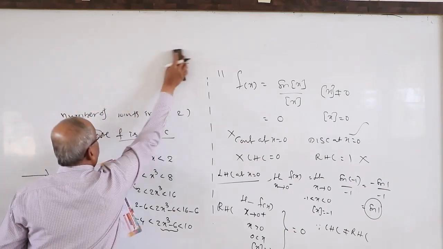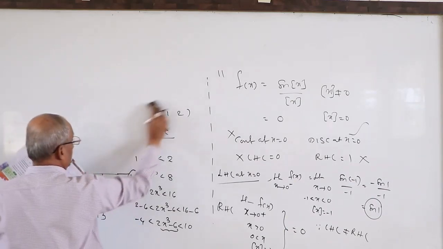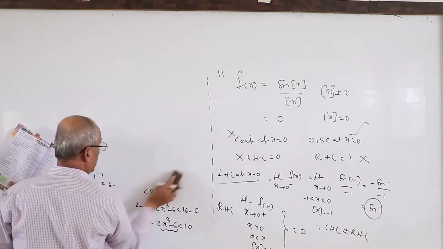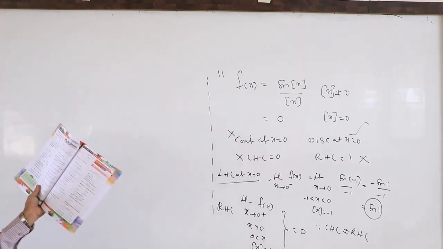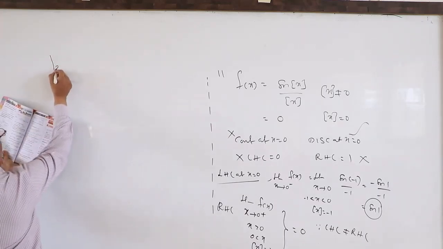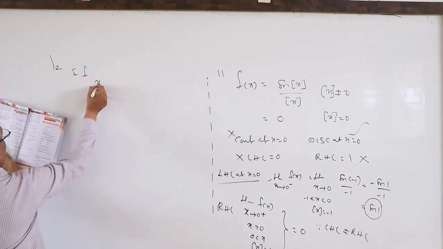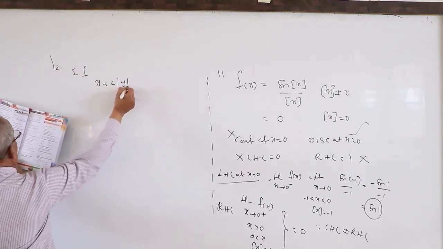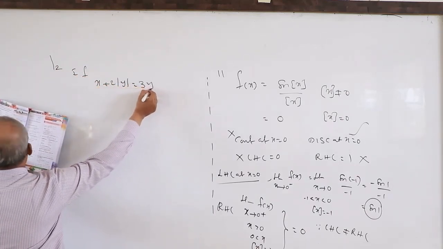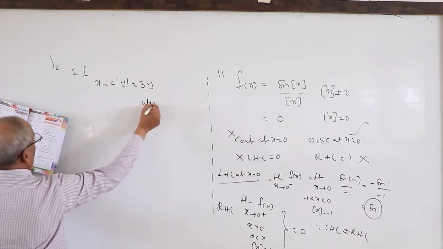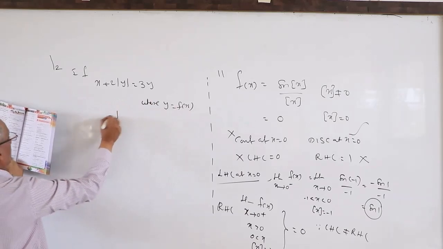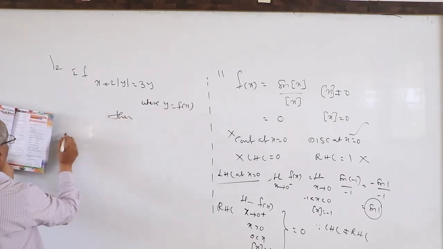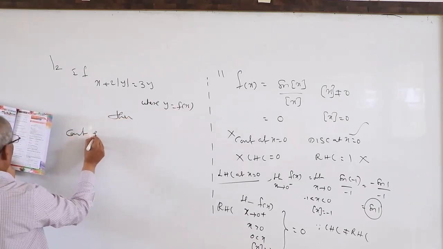So, problem number 13 is good. See, if x plus twice modulus of y is 3y, where y is in general any function f of x, then the answer is important. Continuous everywhere.